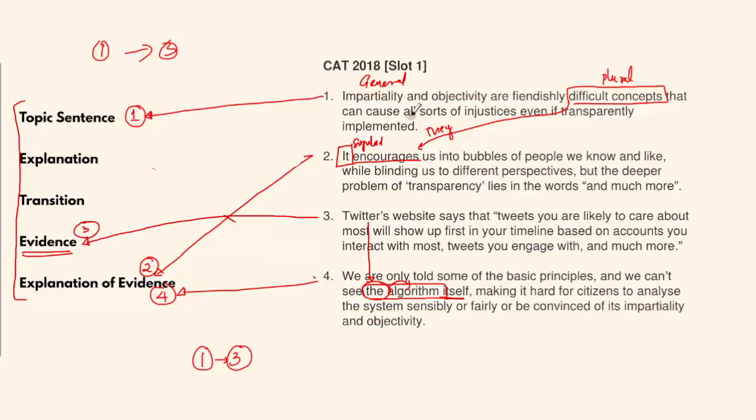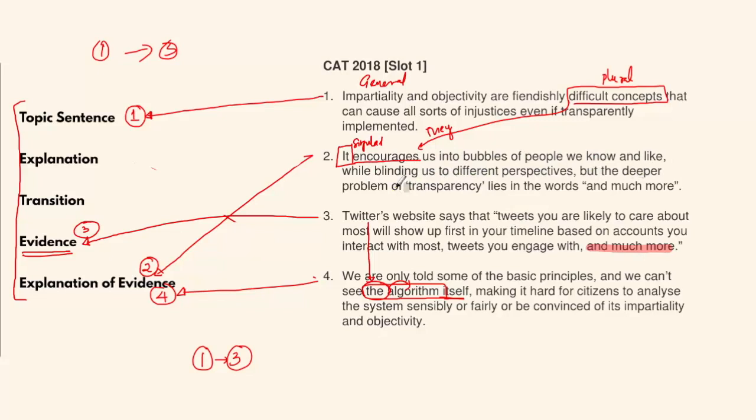Also, you would say, for example, if you read number 3, Twitter's website says that the tweets you are likely to care about most will show up first in your timeline, based on accounts you interact with most, tweets you engage with, and much more. 'And much more' is mentioned here. And the author says it encourages us to stay in bubbles of people who we know and like, while blinding us to a different perspective.